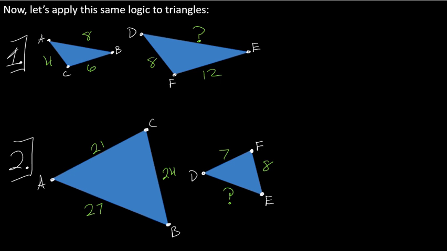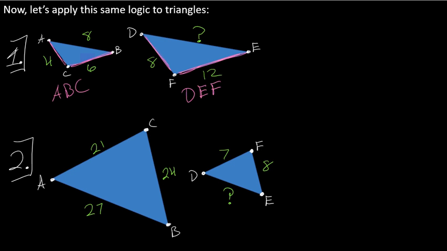So this triangle ABC and this triangle DEF are similar. Okay, well, how can I tell? How do I know? Well, let's look at AC compared to DF. And let's look at BC compared to EF.